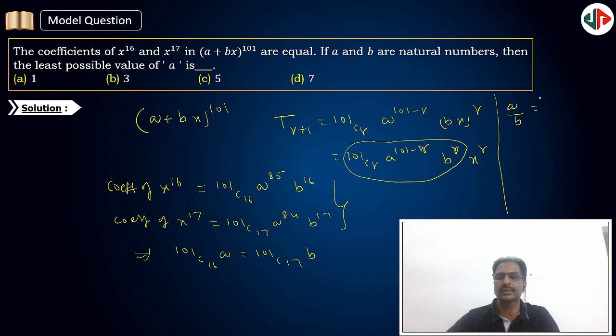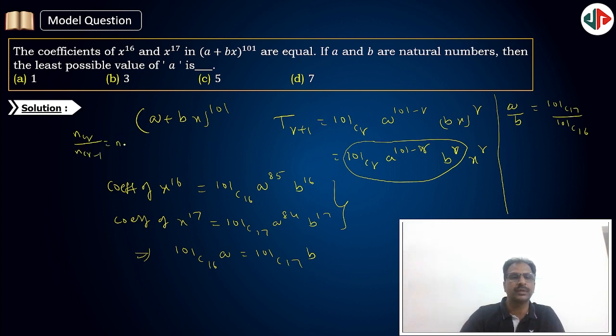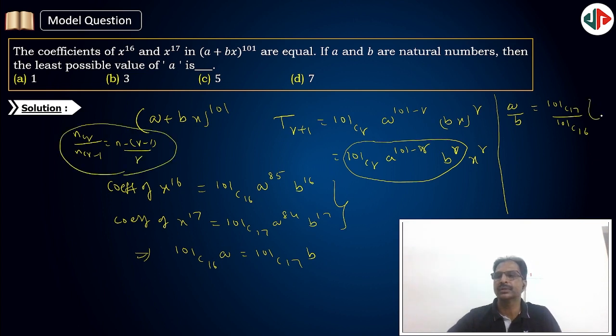A by b is 101 c 17 by 101 c 16. What is the formula for NCR by NCR minus 1? So many times we discussed. N minus of R minus 1 by R. So this is in that form.